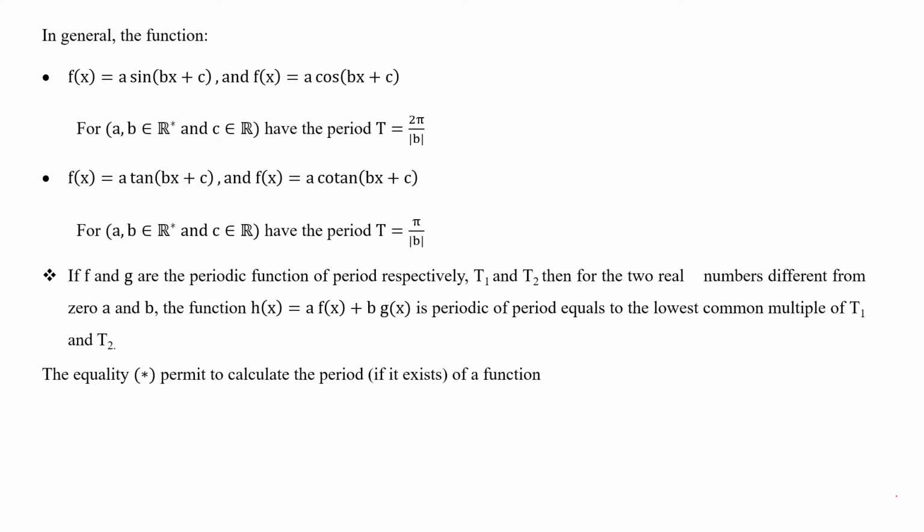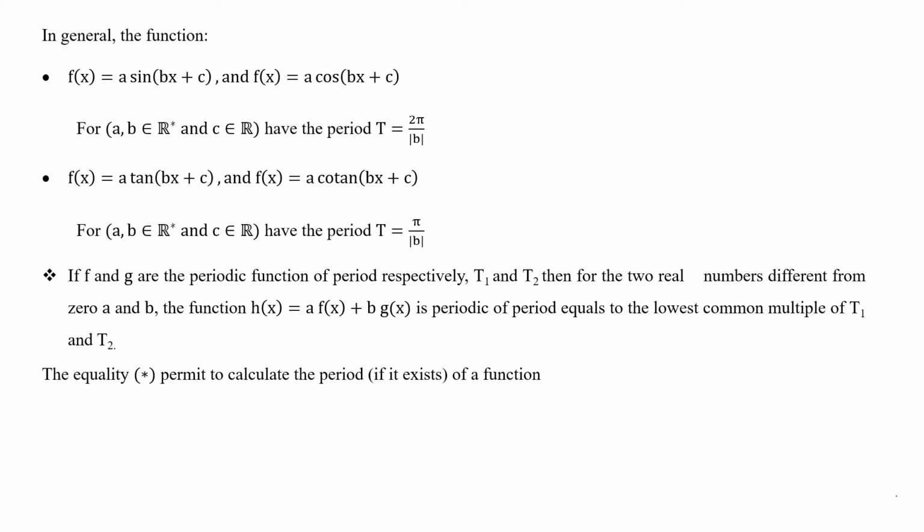That lowest common multiple is the period of the given function, whether it is the sum, the product or the quotient of two functions.